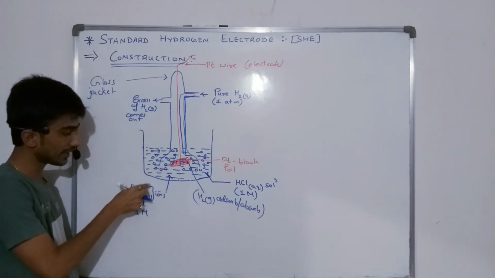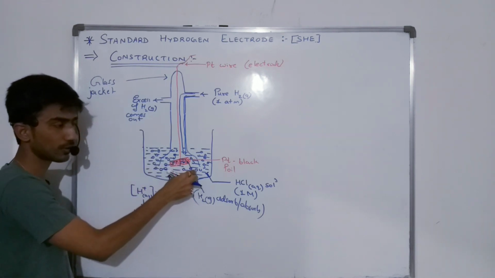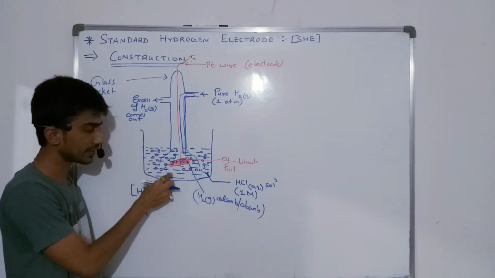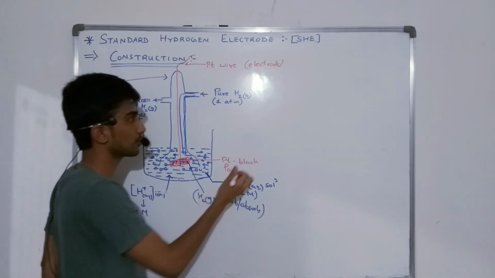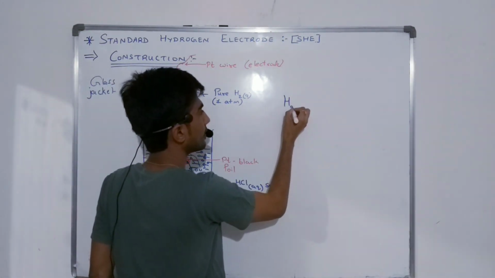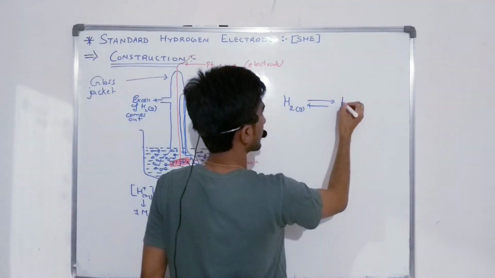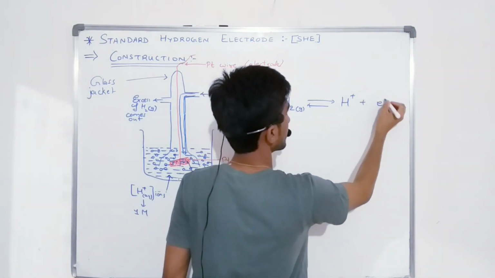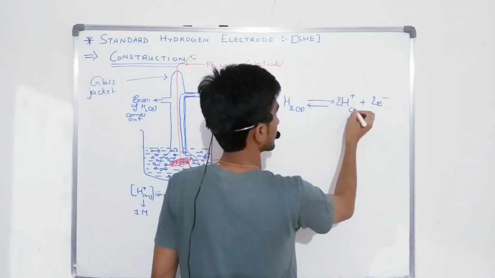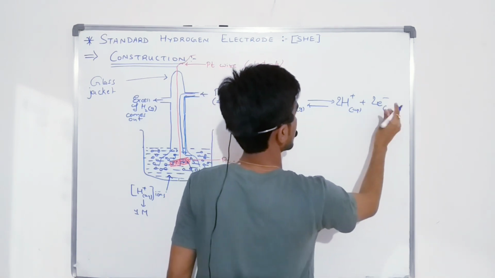Now this hydrogen gas and the H plus ions present inside the solution, they will attain equilibrium. H plus plus electron, let us balance it. Aqueous. Okay.